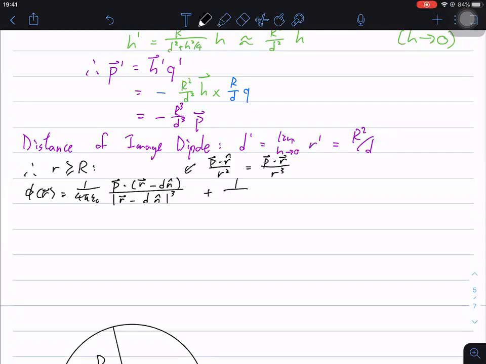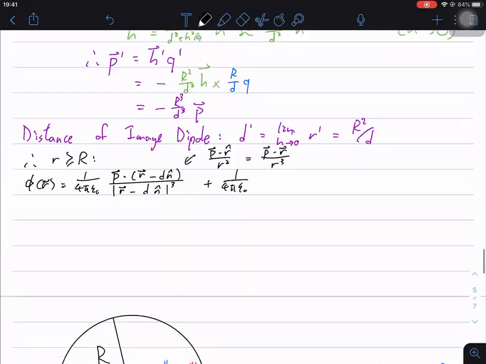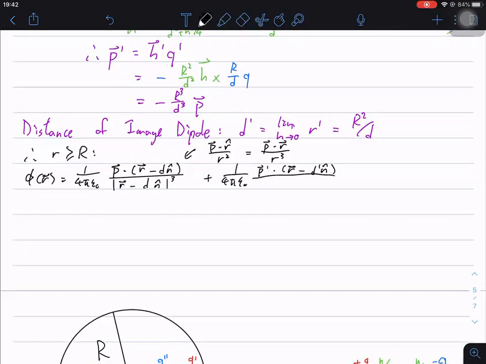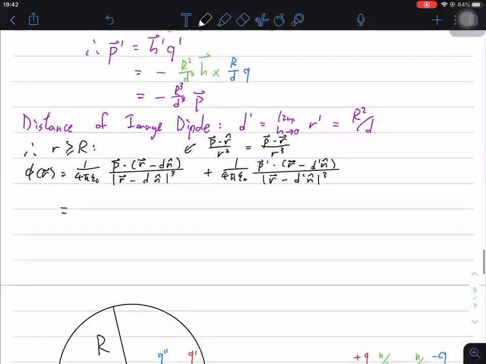And for the contribution of the image dipole, the form is similar. We have P prime times R minus D prime n hat, because this time the image dipole is located at D prime, again over the distance cubed.